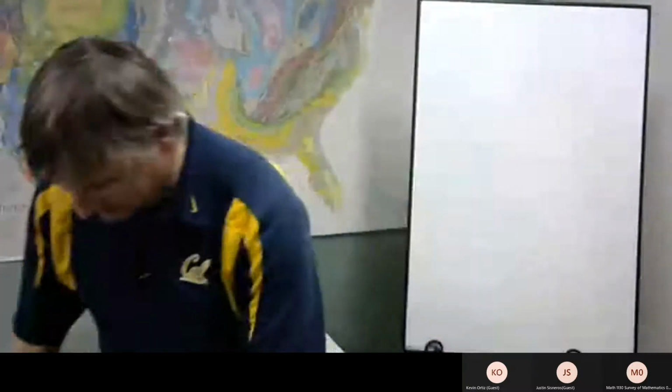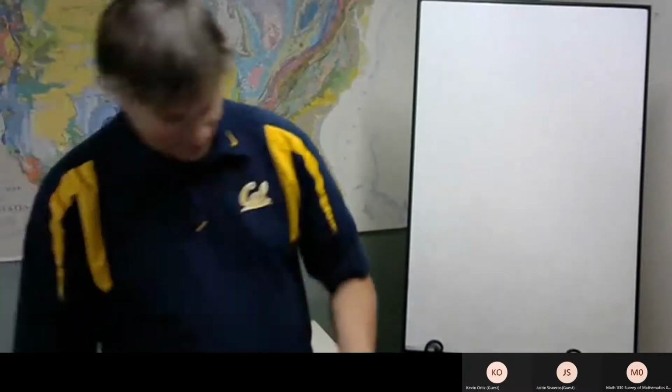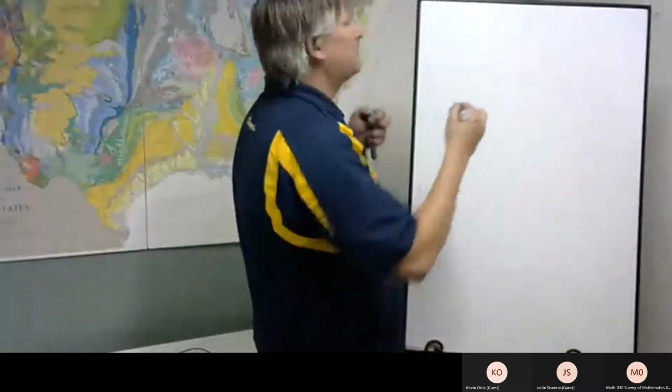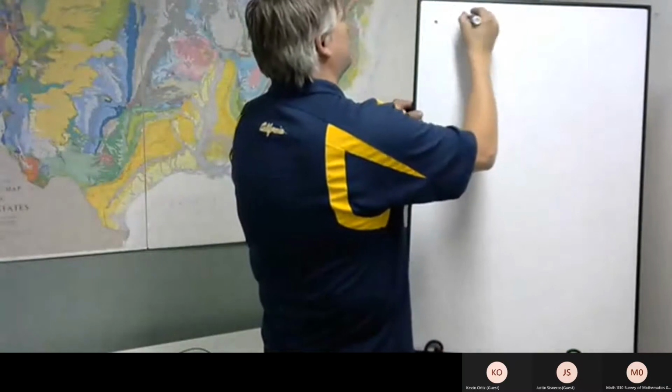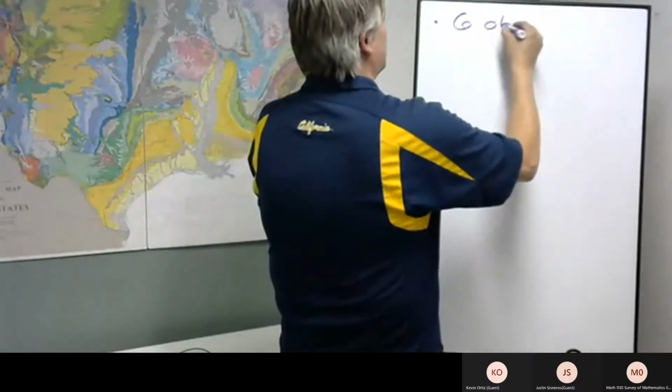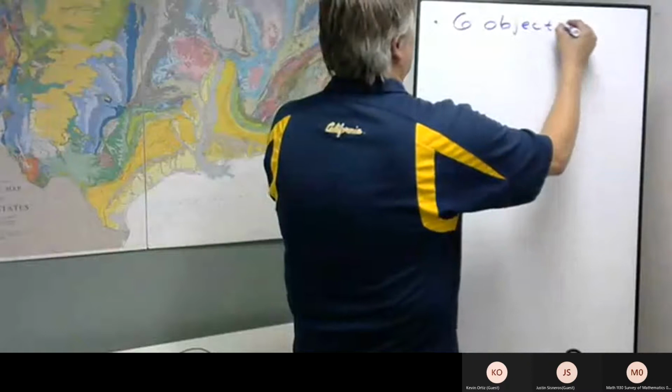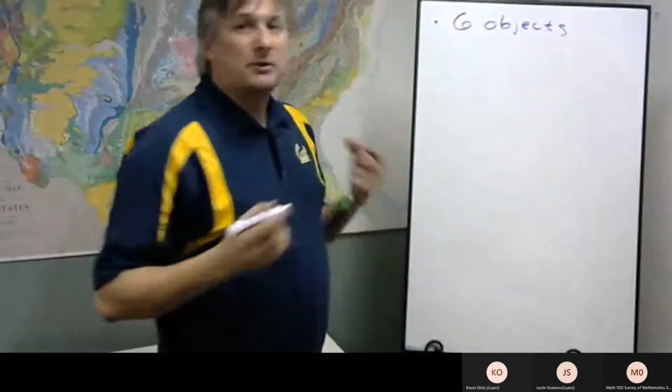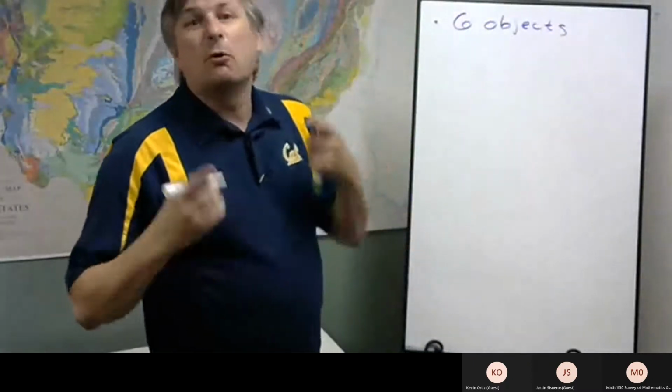So what they're going to get at in the book is we have n objects, but let's say we're only going to choose some of them. So let's say we have 6 objects, and we're only going to choose, well, let's say 4 of them. Choose 4.